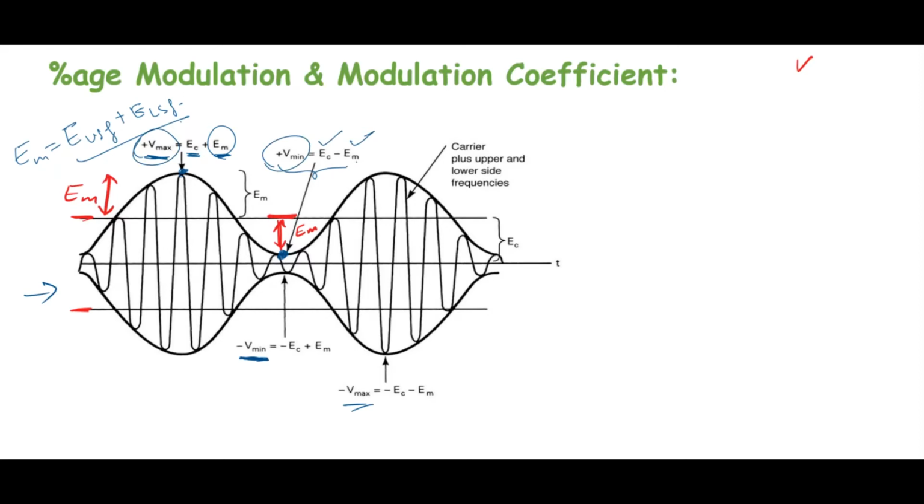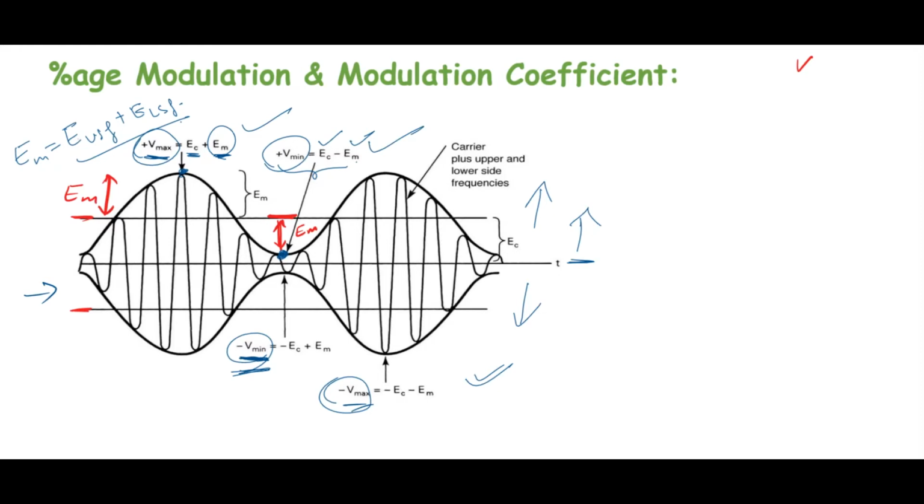Likewise, we have two values on the lower side: minus Vmin, and on this side minus Vmax. Everything else is similar; it exactly follows the upper curve, just a replica of the upper side curves except for the change in signs. Now we know two equations, this one and this one, so using these two we'll derive a new expression for modulation coefficient or modulation percentage.